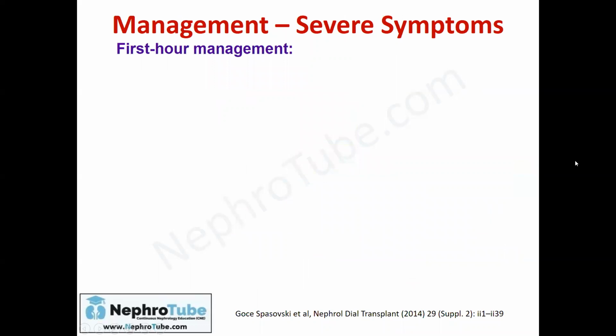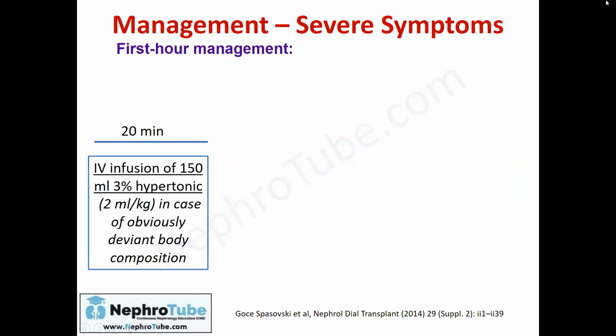Here, for the first hour of management, you have to infuse 150 ml of hypertonic saline over 20 minutes if the patient is of average weight. In case of obviously deviant body composition, the very thin or the very obese patient, you can infuse 2 ml per kilogram of the hypertonic saline over 20 minutes.